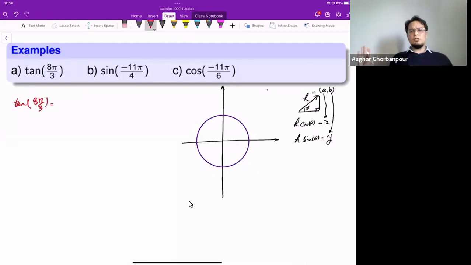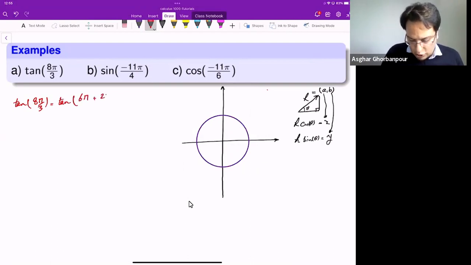You can choose different ways of locating this angle on this trig circle. For example, one can say this is 6 pi plus 2 pi, divided by 3. And this is tan of 2 pi plus 2 pi over 3.